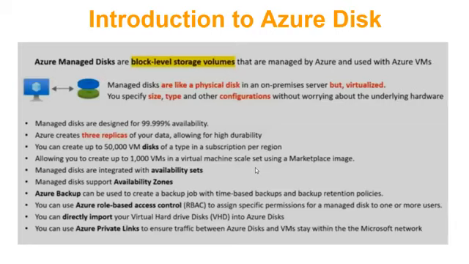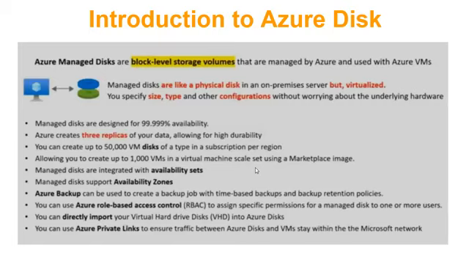Whenever you create an availability set, you need not create separate managed disks for it; automatically your managed disks will also be created. And managed disks support availability zones, so you can use managed disks in different zones. And you can use Azure Backup whenever you need to do backup jobs with time based backup and backup retention policies.